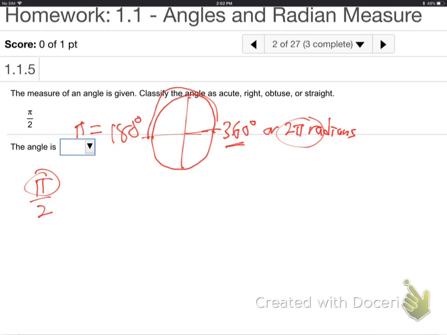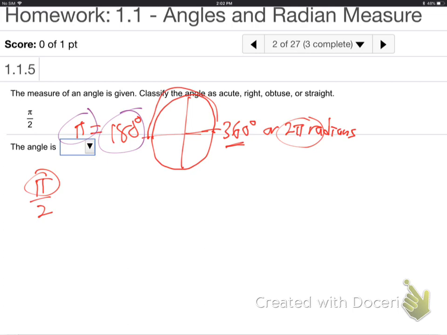Halfway around a circle is 180 degrees because 360 is all the way. And halfway around a circle is also pi in the radian system because all the way around is 2 pi in the radian system. So pi and 180 must be the same thing in the two different systems. Pi radians is 180 degrees, isn't it?